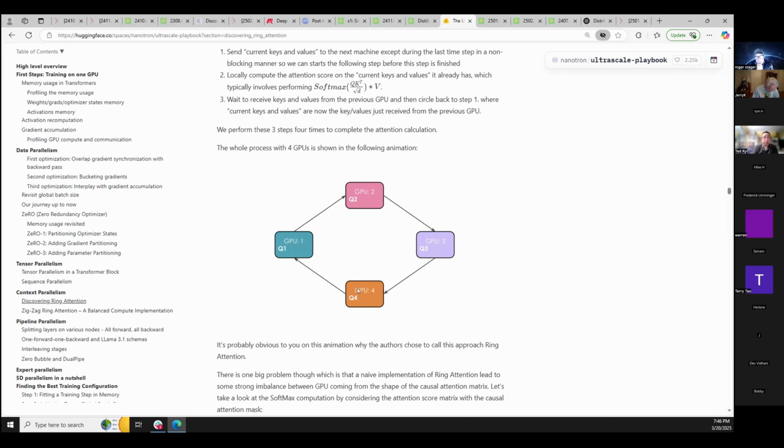And then clearly the next n-2 messages should be able to be hidden while you're doing computation on the data you got from the last message. And here it's showing one key and value, but in reality, it'll be a chunk of them, right? So if you have 4 GPUs and you have sequence 4,000, then you're exchanging 1,000 of them at a time. Yep. Okay.